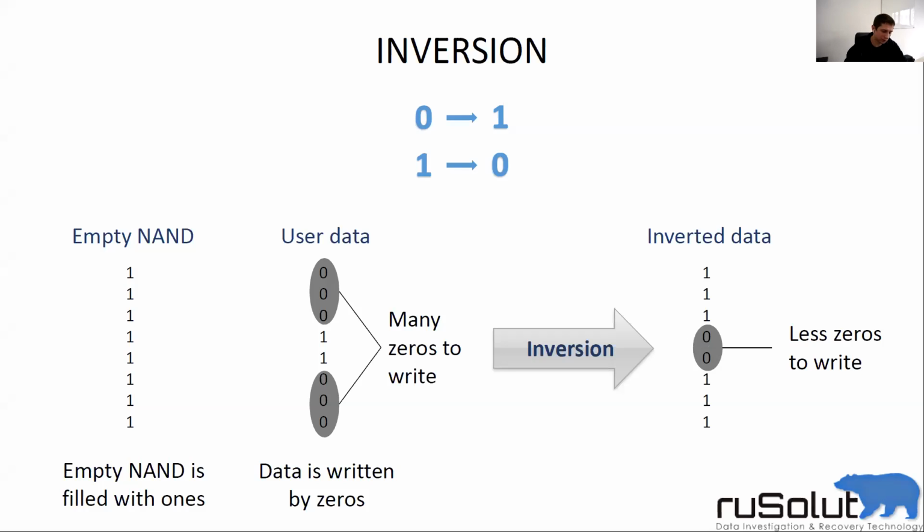You may know that the controller doesn't like to write data into memory cells because the lifespan of a memory cell is quite limited. So it's better to reduce writing operations as much as possible. So in order to make the amount of writing operations smaller, the controller just inverts user data. And with this, the controller can increase the lifespan of memory cells.